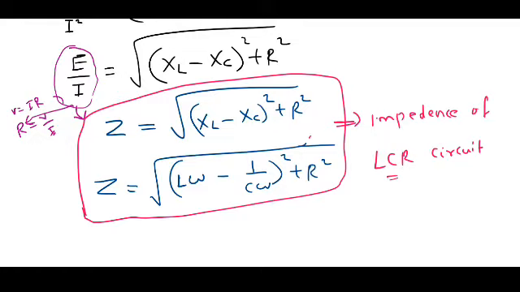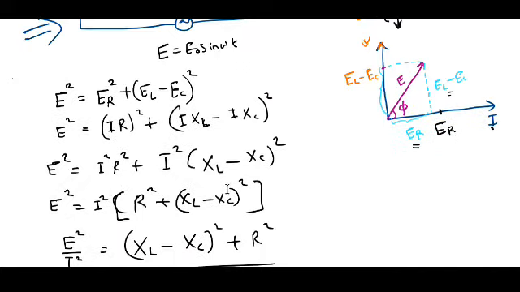Fine. Now our next task is to determine the phase angle phi. If you look at this picture, you can write tan phi is equal to the opposite side, that is EL minus EC, divided by the adjacent side, that is ER.